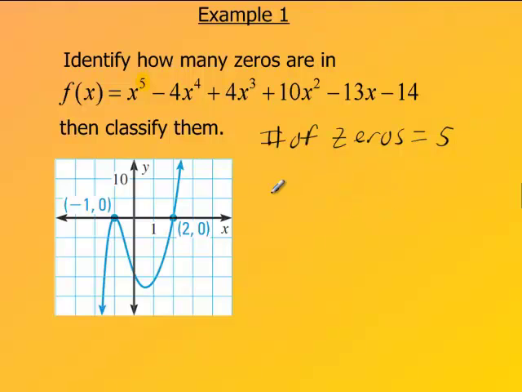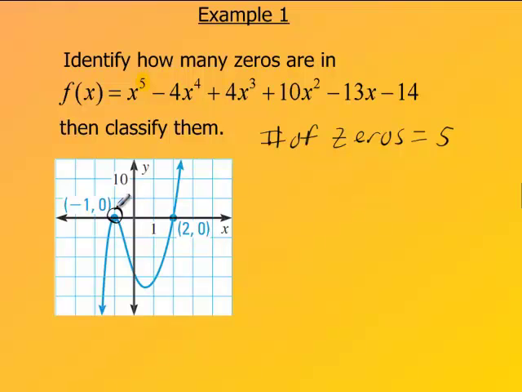Now, if I were to, let's say, graph this, I could see that it looks like it only crosses the x-axis twice. So how could there be 5 zeros if I only see that it's crossing twice? But what I want to point out here is that here we have a local maximum that's just touching the x-axis at -1 and 0.